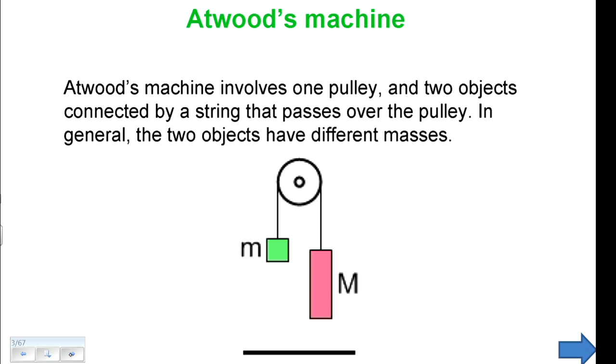What is the reason for these objects to have exactly the same magnitude of acceleration? What do you think? Yeah? No, you know, it's in your memory. You just need to dig in. Yes?